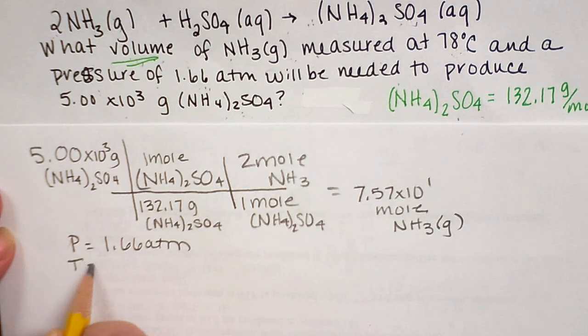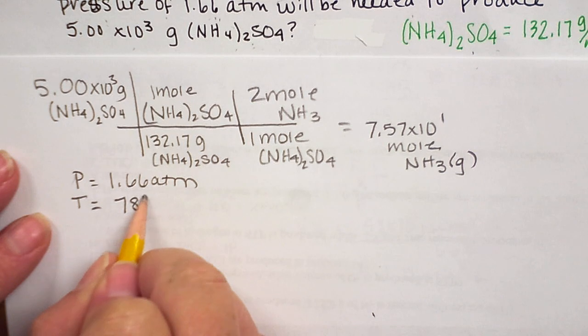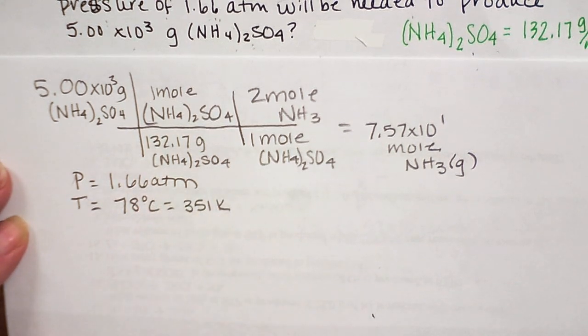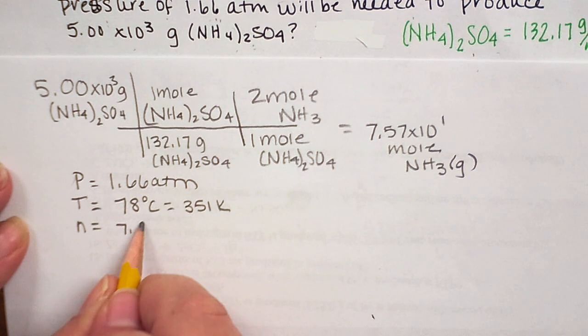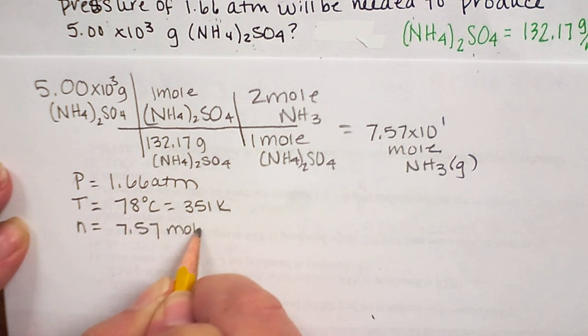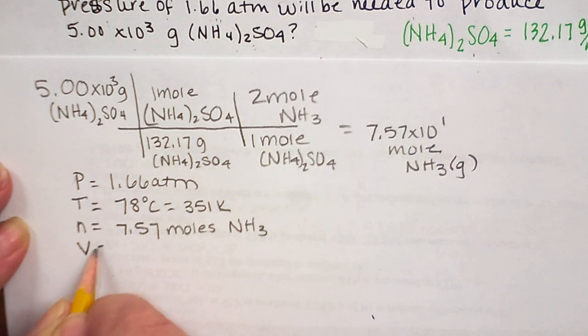We have temperature, which is equal to 78 degrees Celsius, which is 351 Kelvin. We have n, which we just calculated, which is 7.57 times 10 to the 1 moles of NH3. And what we're looking for is volume.